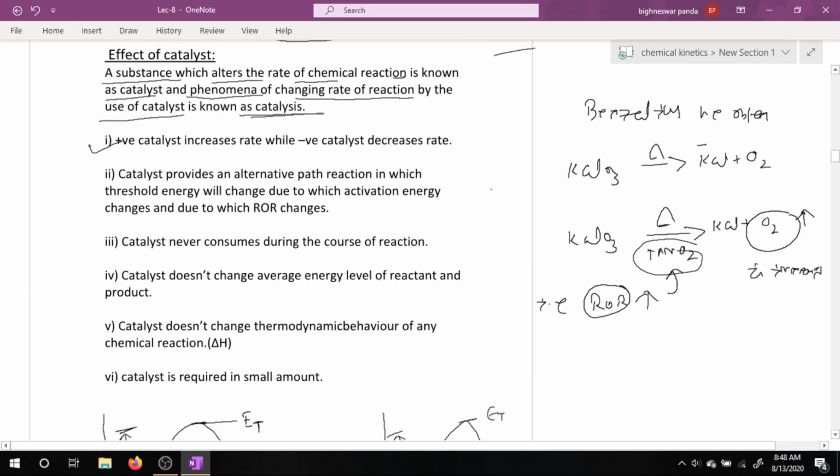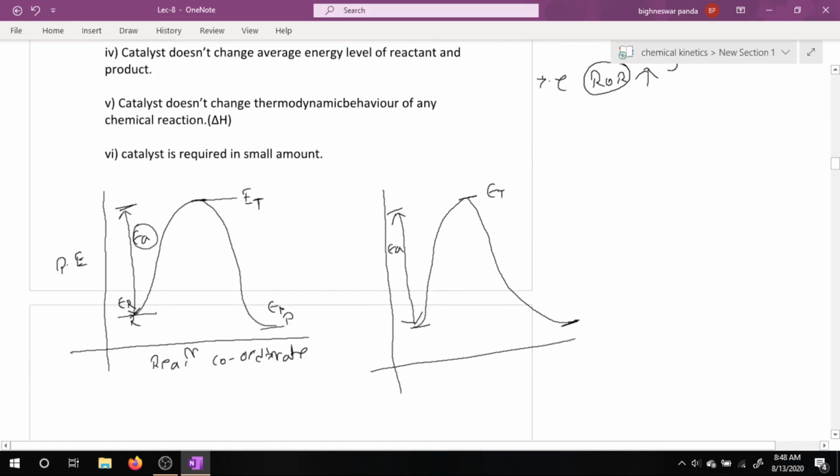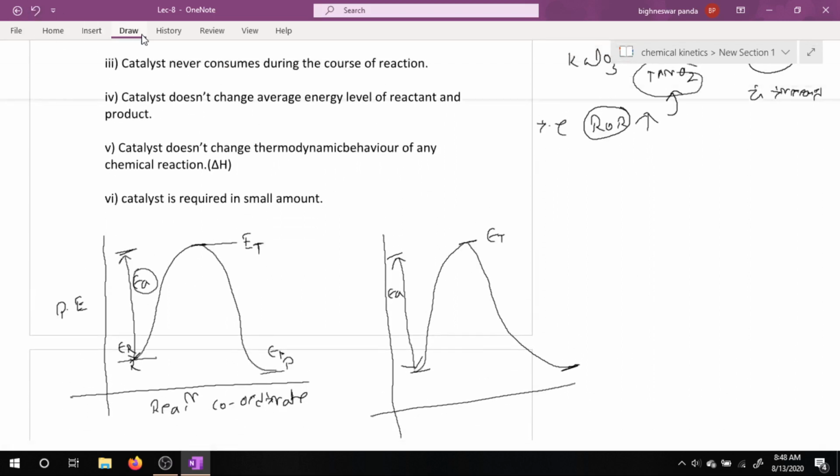So positive catalyst increases the rate while negative catalyst decreases the rate. That means a catalyst provides an alternative path for the reaction in which the threshold energy will change, due to which the activation energy changes and due to which the rate of reaction also changes. What does a catalyst do? If this is the path of the reaction from reactant to product, a catalyst provides an alternative path.